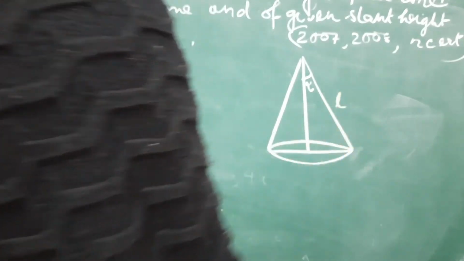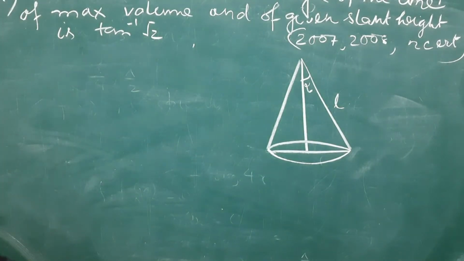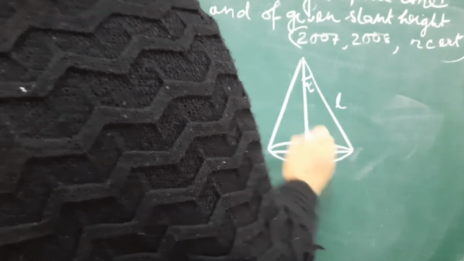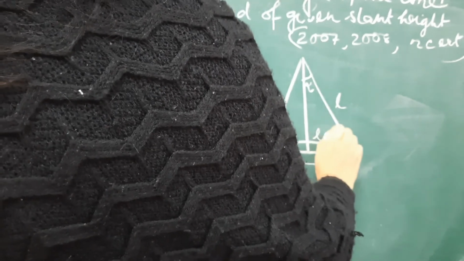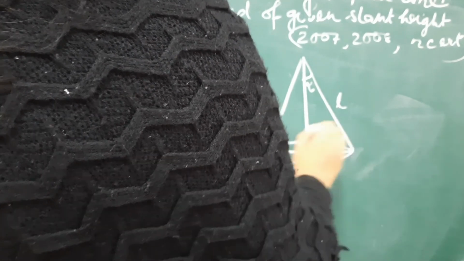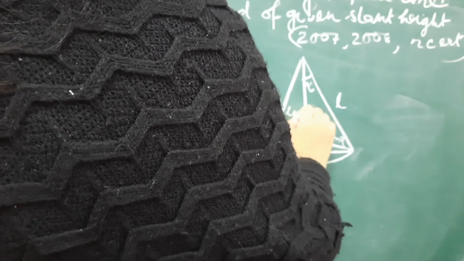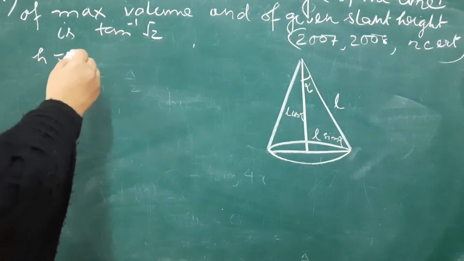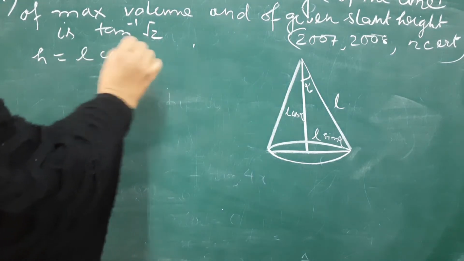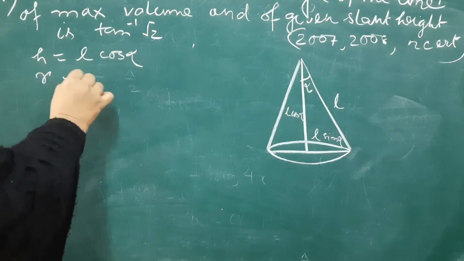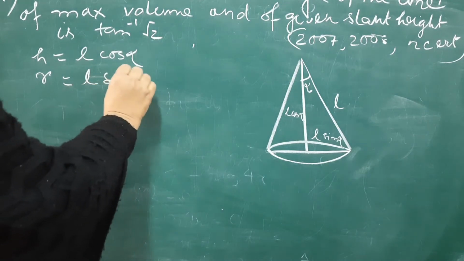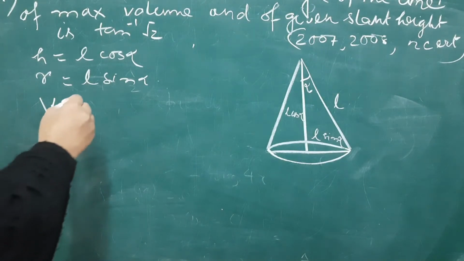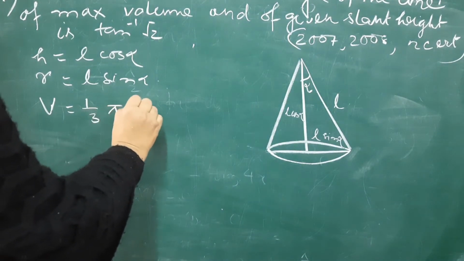And if this slant height is given as L, then the radius, the base of this triangle, will be L sin alpha, and the height is L cos alpha. So the height of the cone is L cos alpha and the radius of the cone is L sin alpha. The volume, which is to be maximum, is 1/3 pi r square h.